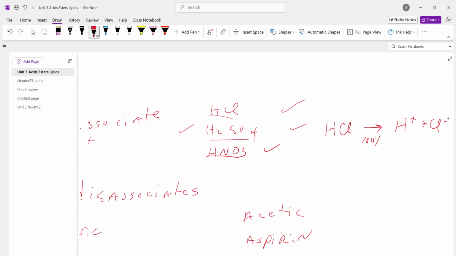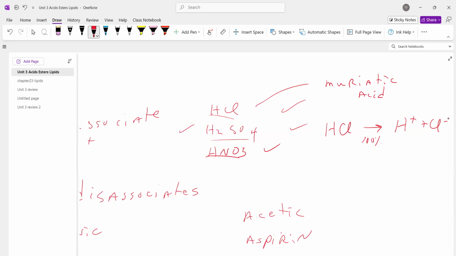Now, there are only 7 strong acids in the world, only 7. And these are the 3 most common ones. Sometimes that's called pool acid or muriatic acid, sulfuric acid.